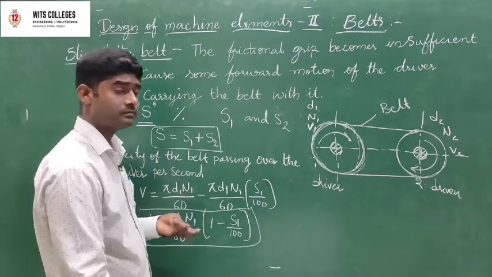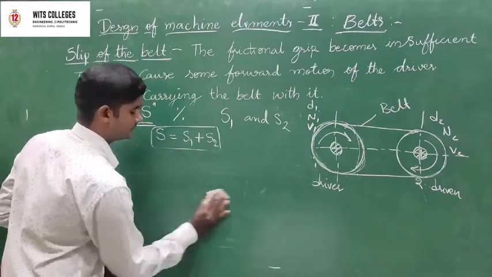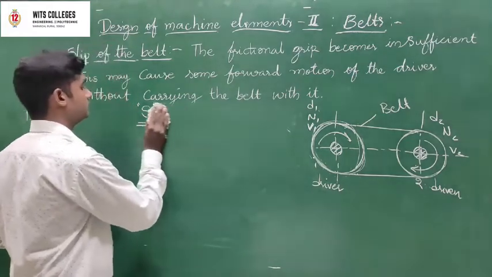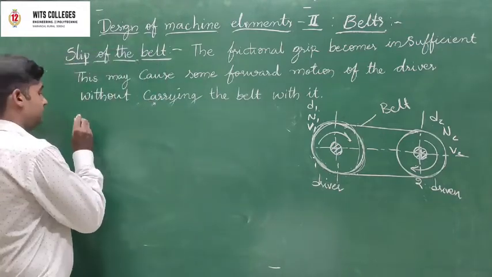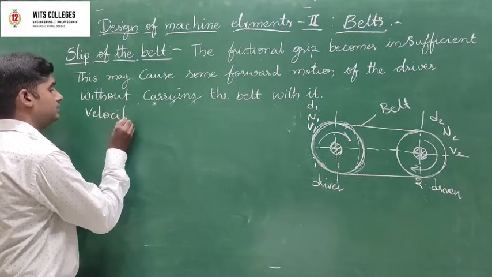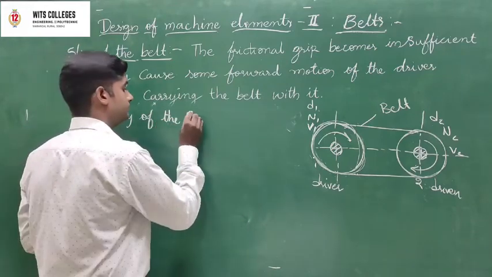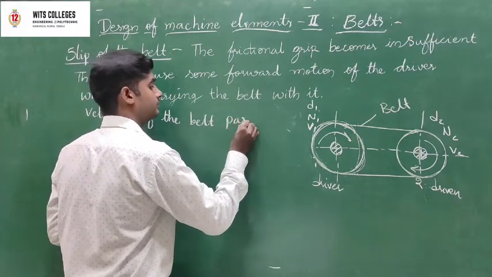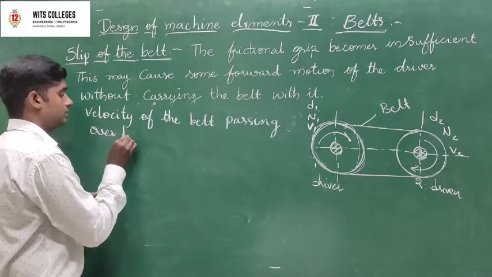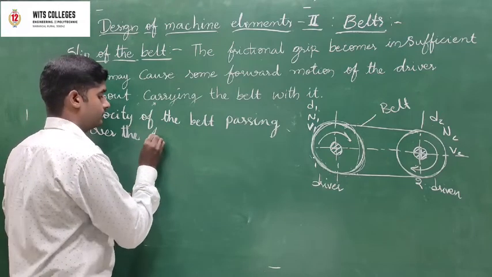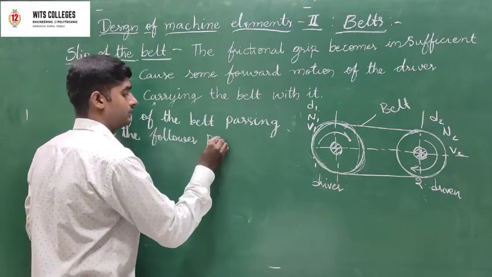Next, velocity of the belt passing over the follower, that is the driven pulley, per second.